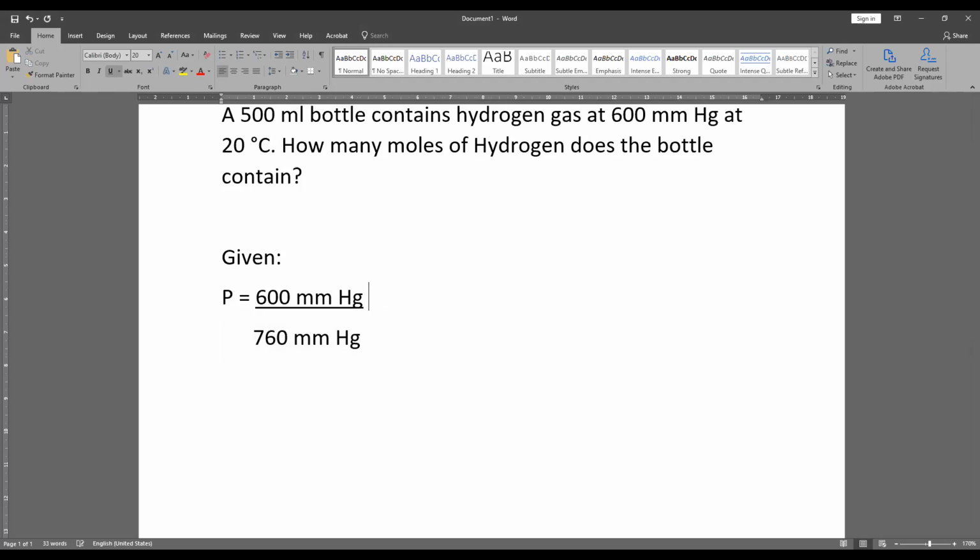This is equal to 600 divided by 760. Let me have my calculator. 600 divided by 760.